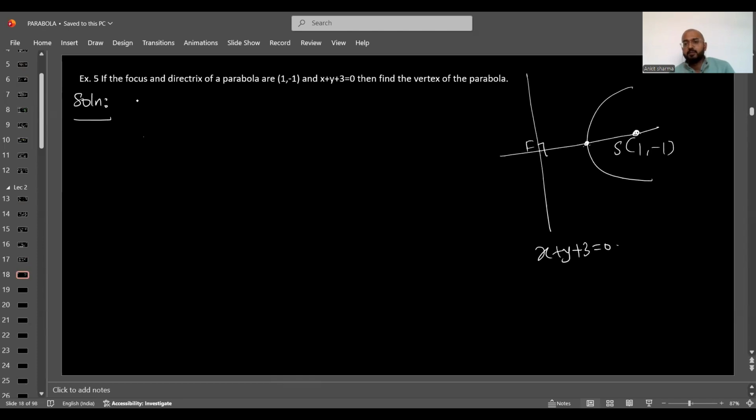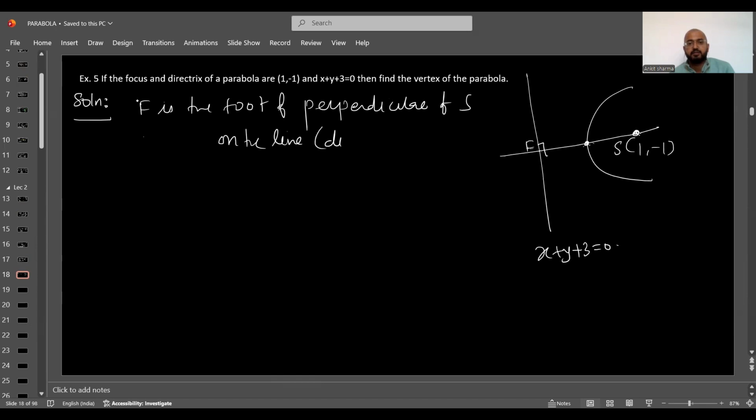If this is the midpoint, that means I can think of this point dividing this one and this one in equal ratio. That means F is the foot of perpendicular of S on the directrix line.